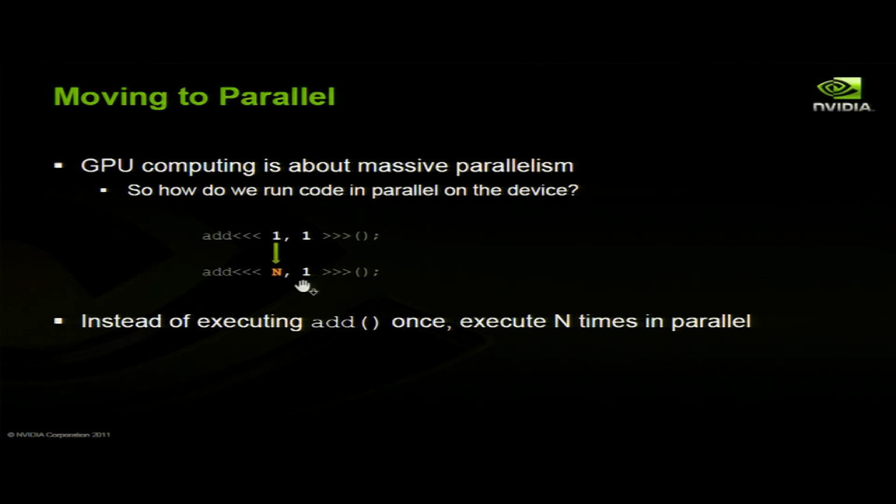N. So, I am basically going to launch n number of blocks in parallel. Those blocks will run in parallel. Okay? Understood? It is equal to the number of gangs in OpenACC. So, as soon as I make this n, it is going to have that many gangs in OpenACC.